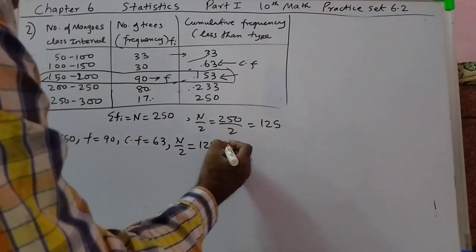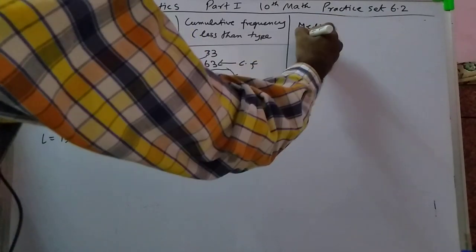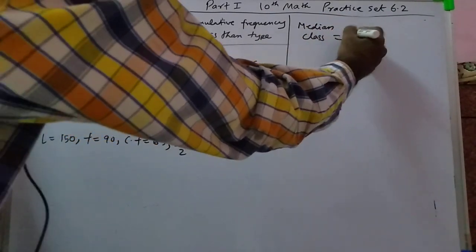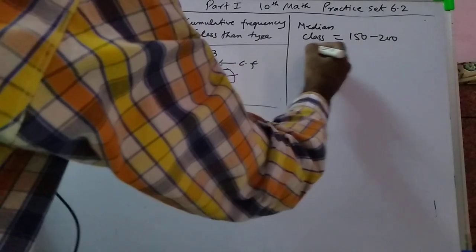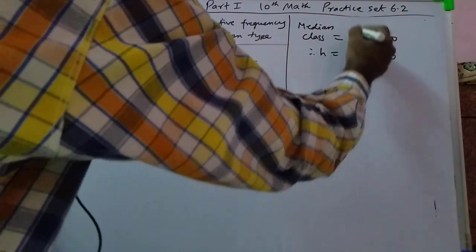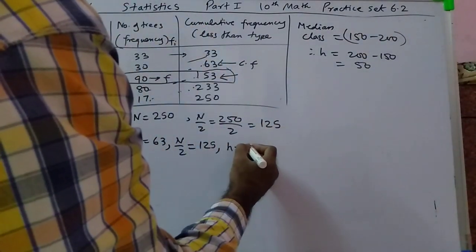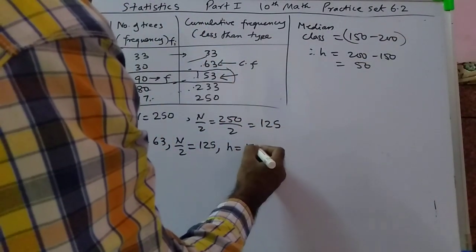And we want the class width. The median class is 150 to 200. Therefore, the width is 200 minus 150, so that will become 50.